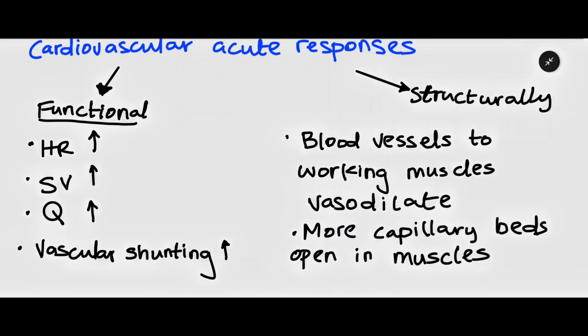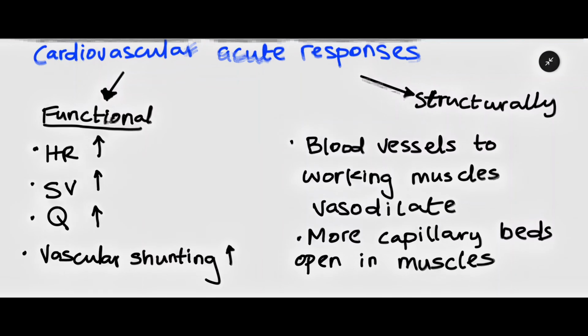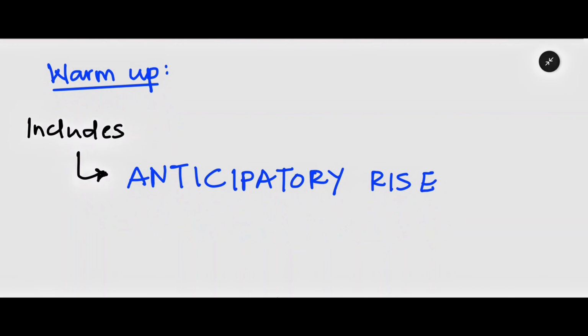And now for the structural responses, blood vessels to working muscles vasodilate, so they widen, and also we have more capillary beds opening up in working muscles, which increases gaseous exchange. We also have something called anticipatory rise. Especially when you just begin warming up, even before you begin exercise, there's an anticipatory rise, which happens to your heart rate and your ventilation, which means your heart rate and ventilation increase before you actually partake in any physical activity.